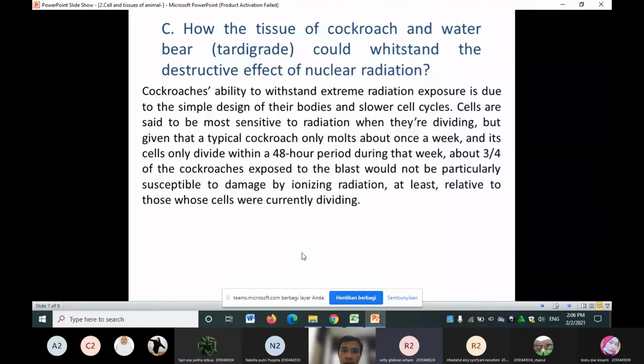But given that a typical cockroach only molts about once a week and its cells only divide within a 48-hour period during that week, about three out of four of the cockroaches exposed to the blast would not be particularly susceptible to damage by ionizing radiation, at least relative to those whose cells were currently dividing.